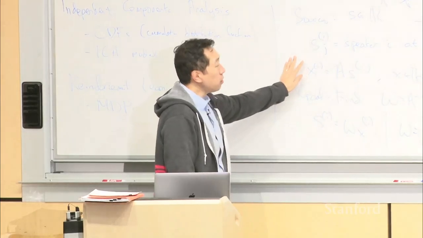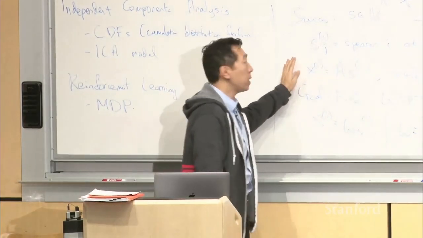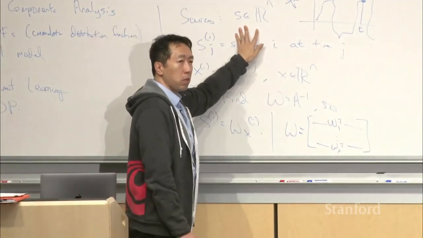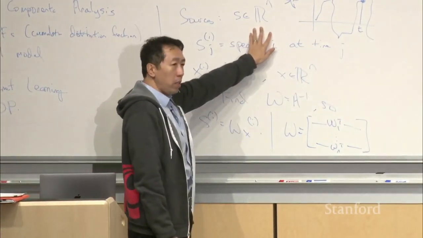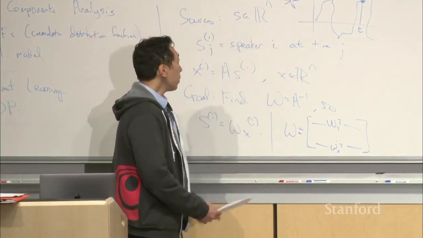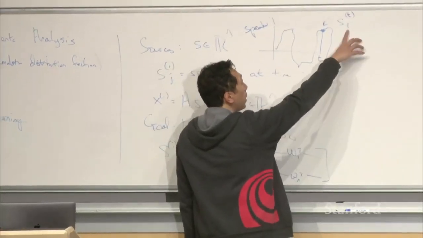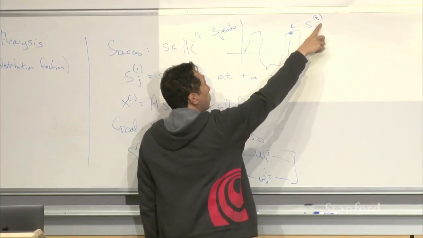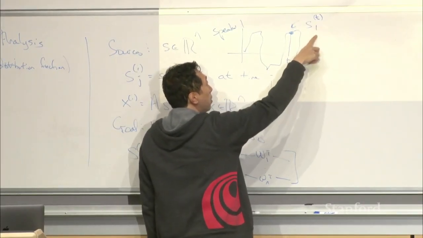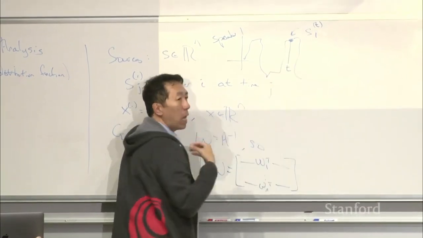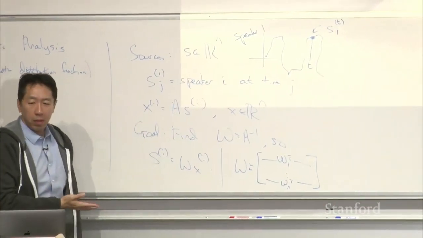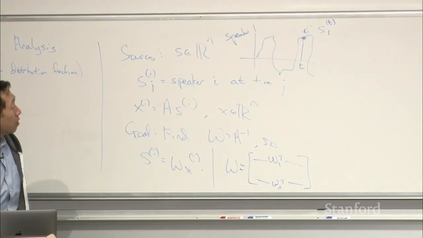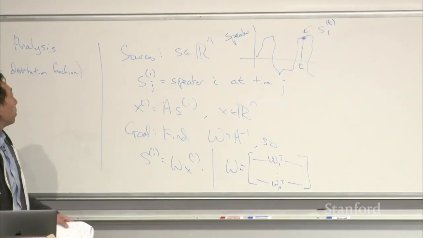So we said that in the ICA problem, independent components analysis problem, we assume we have sources S, which are in R^n, if you have n speakers. So for example, if this is speaker 1's audio, then at time t, S superscript (t) subscript 1 is the sound emitted by speaker 1 at time t.